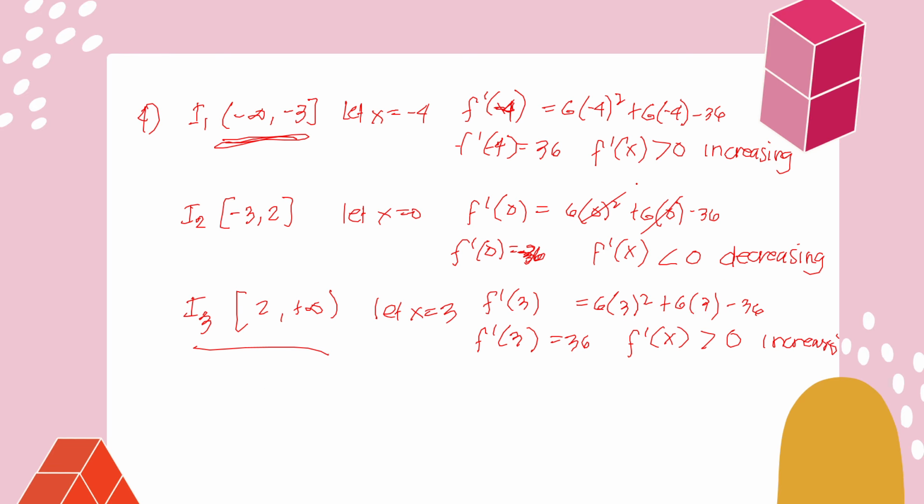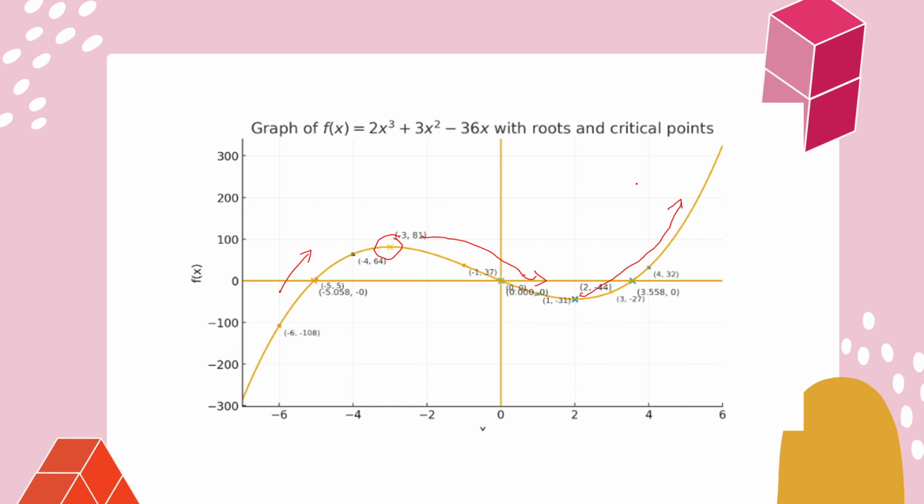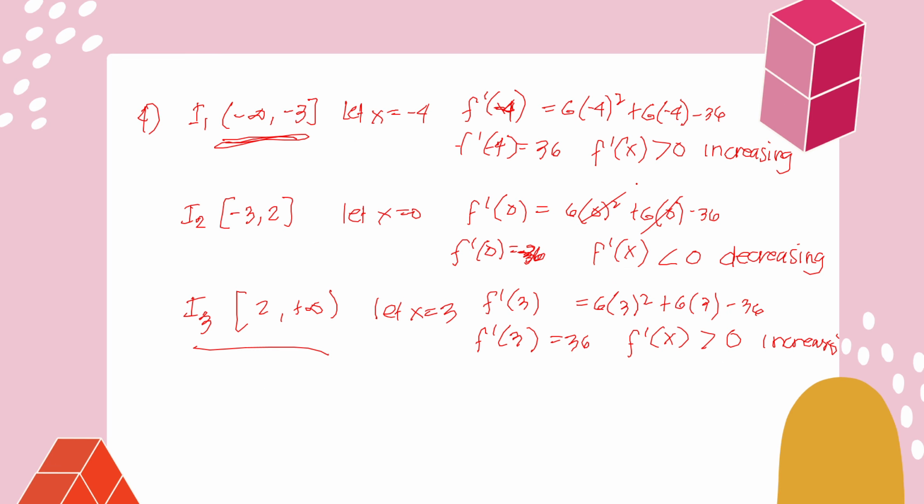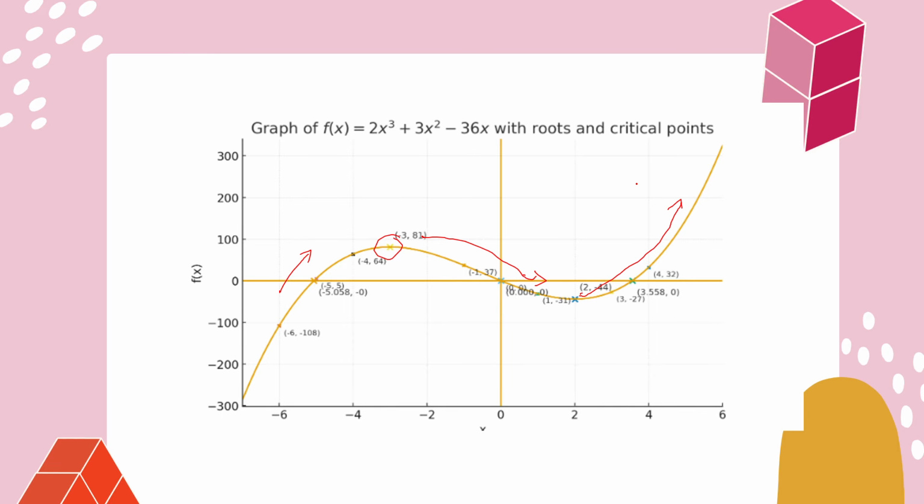Even if we have no graph, we could conclude whether the function is increasing or decreasing in a particular interval. But looking at the graph, we can say that the answer is correct. Right? This one is increasing, decreasing, or increasing. By the way, these are the critical points here, negative 3 and 2.